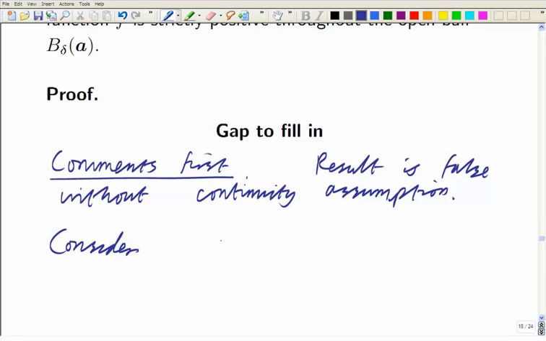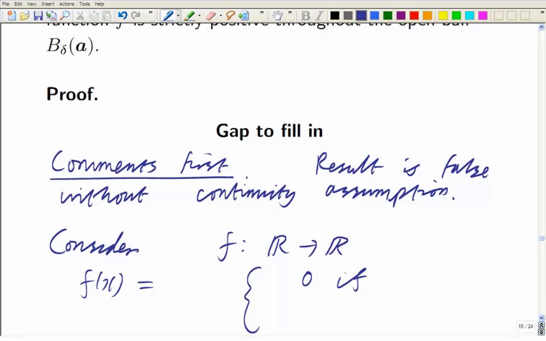So consider the following function, f from R to R, defined by f(x) equal to, well, let's be more extreme: minus 1 if x is less than 2, and 3 if x is greater than or equal to 2.